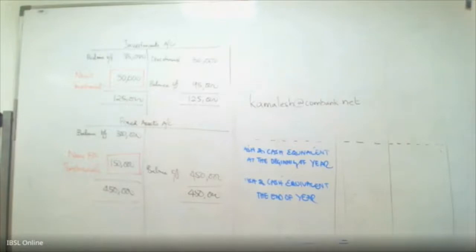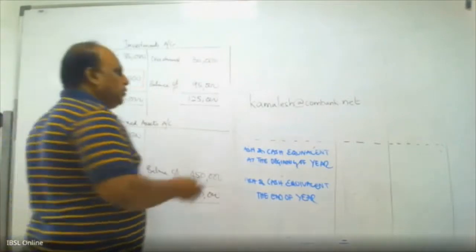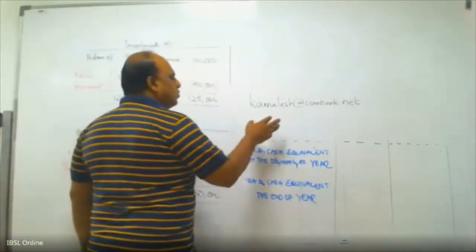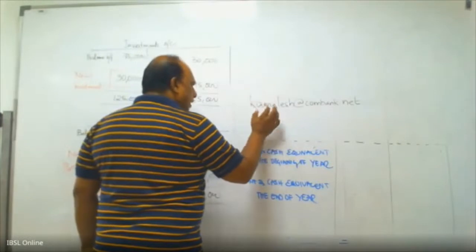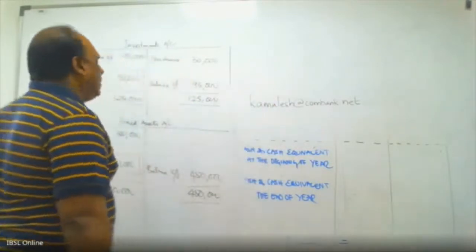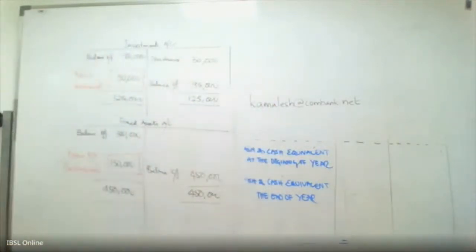Is that okay? Can you all do it? Right? If you are unable to do it in Excel, you don't need to worry. Do it on a piece of paper and email it to me. Take a photograph and email it to me. Don't worry. I just said to do it in Excel because it will be easy for you.